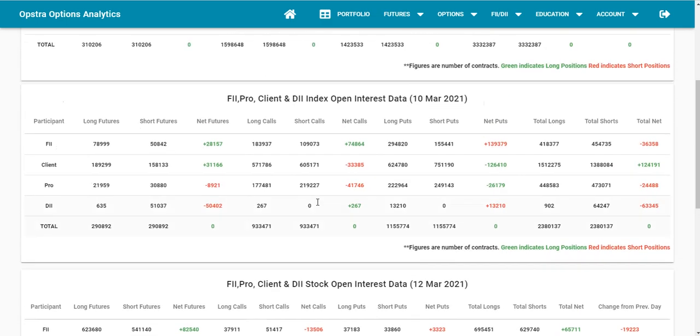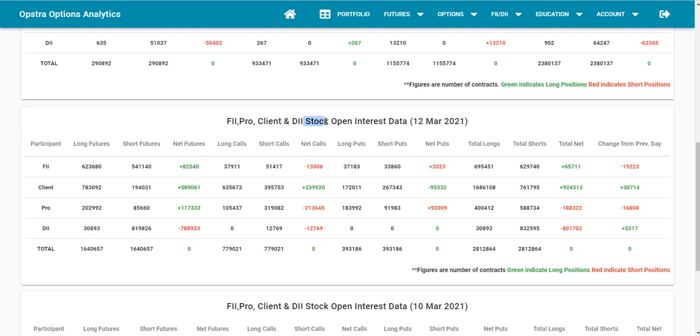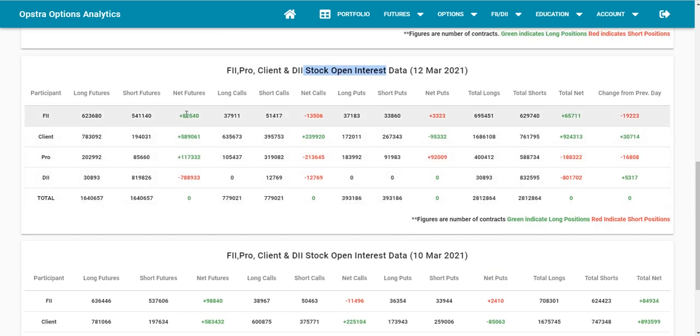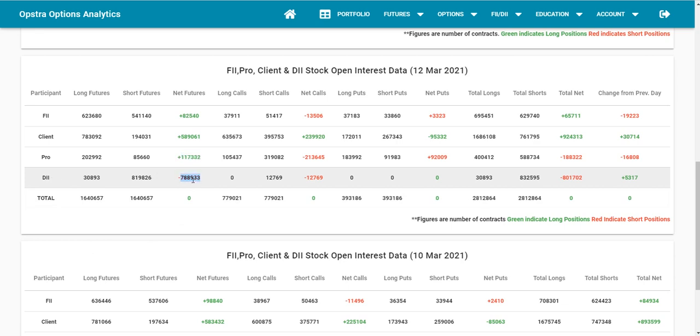If you scroll down a little bit, there is also the data for stock open interest. So for stock, FII has this much net long position, client has this much net long position, Pro has this much net long position, and DII has this much net short position. And how much change happened from the previous day to today.